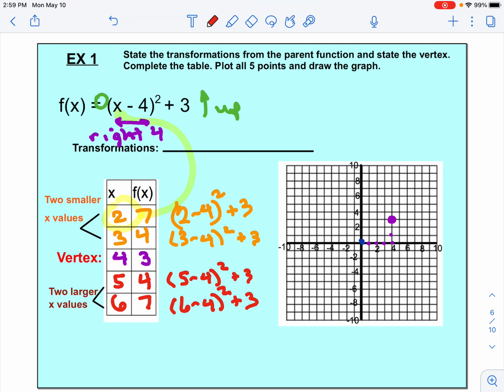So I'm going to plot those points. So I'm going to have 6, 7, and I'm going to have 5, 4, and notice my other 2 points are 2, 7, and 3, 4. Oops. Not there, right there.